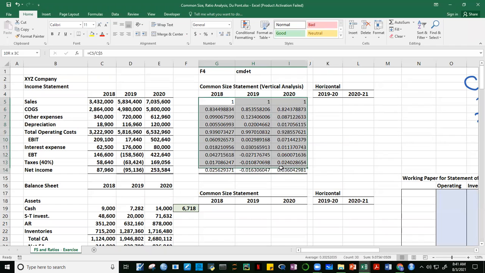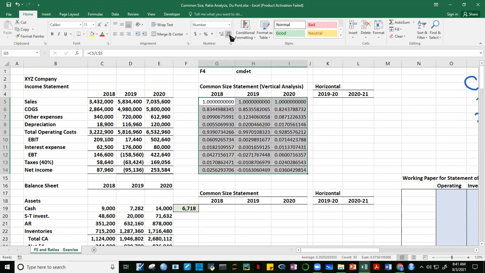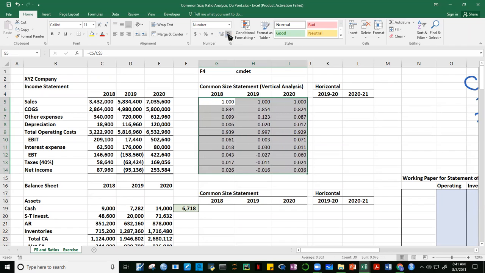So let me format this a little. Let me reduce this. Okay, I'll do 3 decimal places. Okay, so what does this mean, guys? From here, we can analyze on a year-by-year basis. 2018. There should be an underline here.